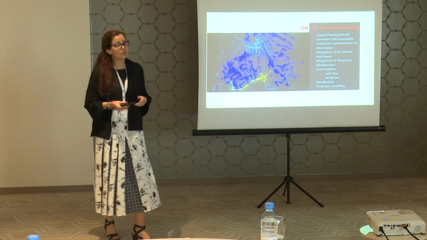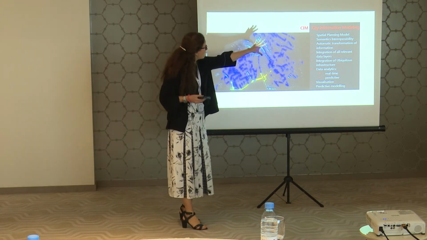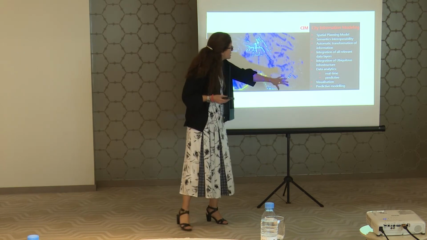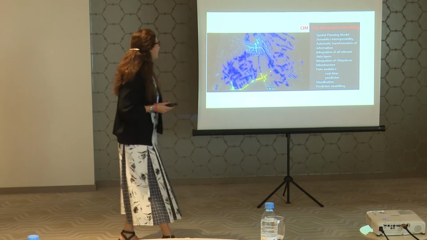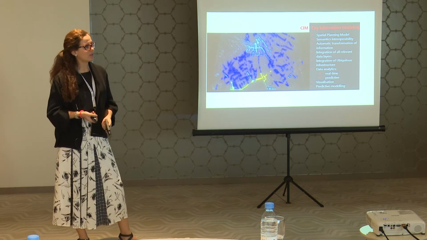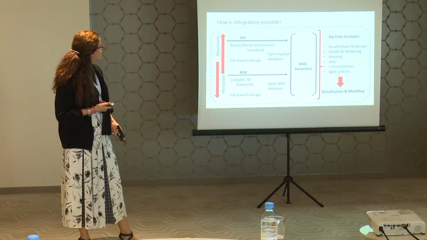And we are aiming at city information modeling. So if we can have a spatial planning, a city model that actually encompasses all of this, and most of all that it's in real time and it's predictive, we can actually make visualizations and predictive modeling in the future. And this can be a huge step for everyone.